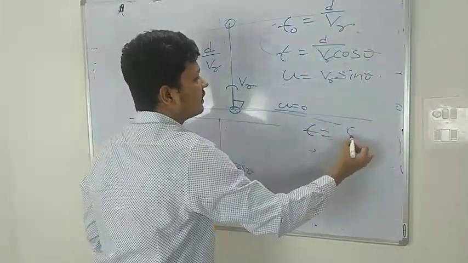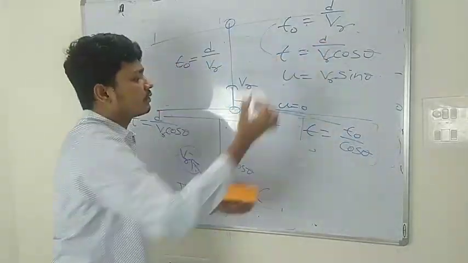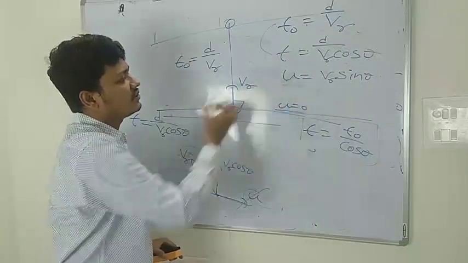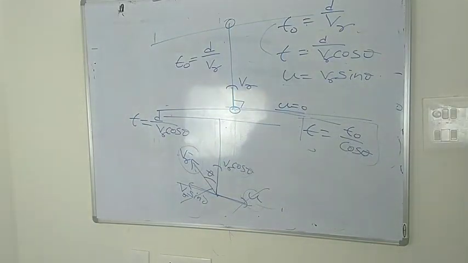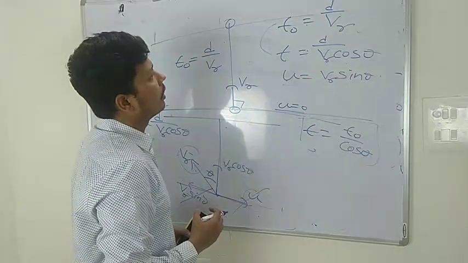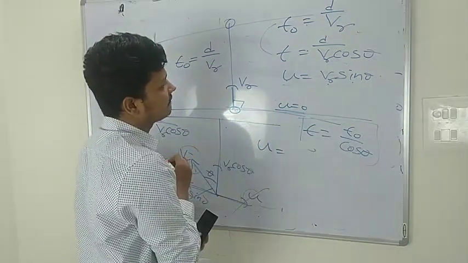D by Vr is t naught, so t naught by t is cos theta. From these two equations I got t. Now they are asking us to find u in the form of t naught, t and d. So u is equal to Vr sin theta.